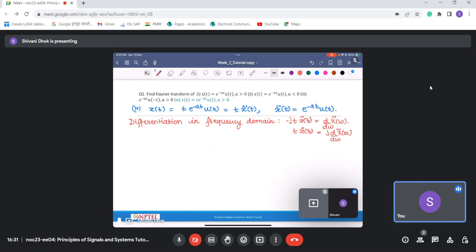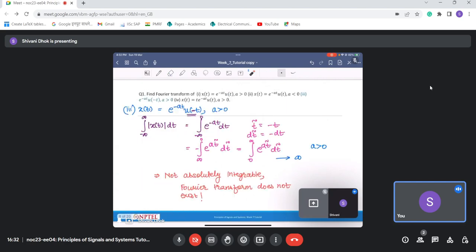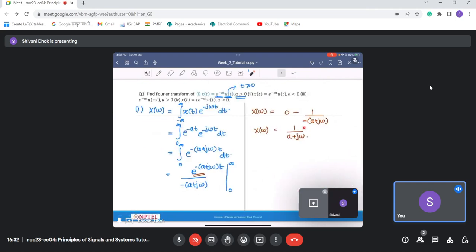And the question that we are having here is t into x tilde t. Now just look at this factor here, that is x tilde t is equal to e power minus at into u(t). So this function is equal to the function that we had evaluated in the first part of this question. And we had seen the Fourier transform of this function, which comes out to be X of omega equal to 1 upon a plus j omega.